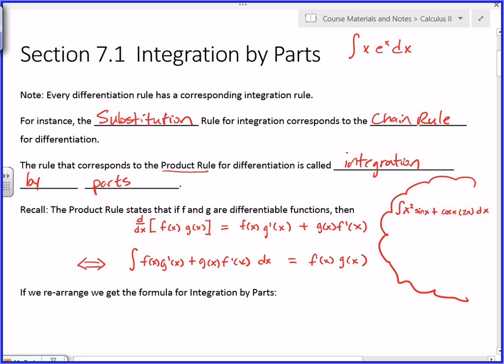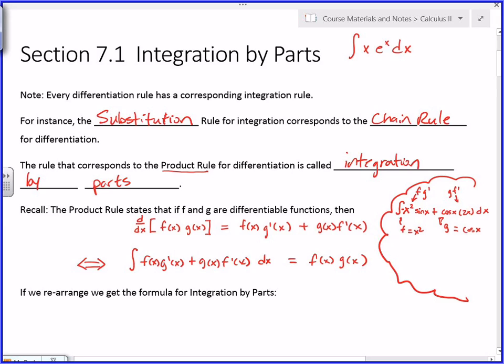Well, f is x squared and g is cosine of x. Actually, I need to make sure that's negative, so I'll put a negative right there. Then notice this right here is f times g prime, isn't it? x squared times the derivative of g, which is cosine. So the derivative of cosine is negative sine. And this down here is g f prime, isn't it?